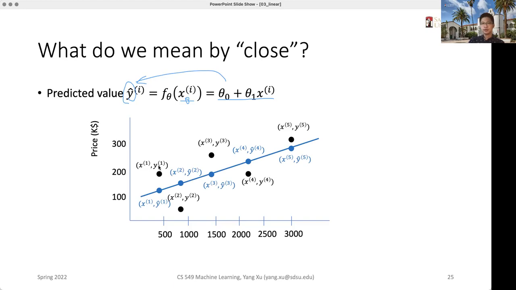The actual price for the first house is y1, but the predicted value would be y hat 1 according to the model. So there will be a distance between the actual value and the predicted value. That is the first step: computing the distance between the predicted value and the real value.